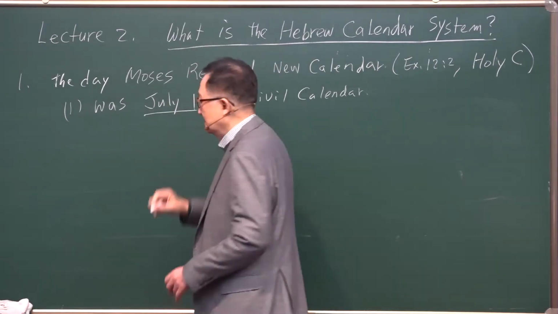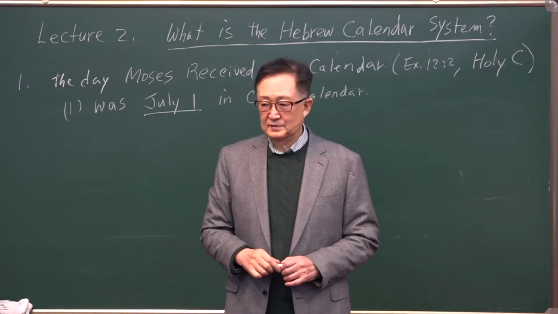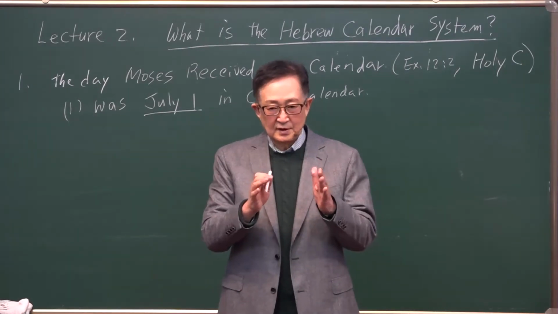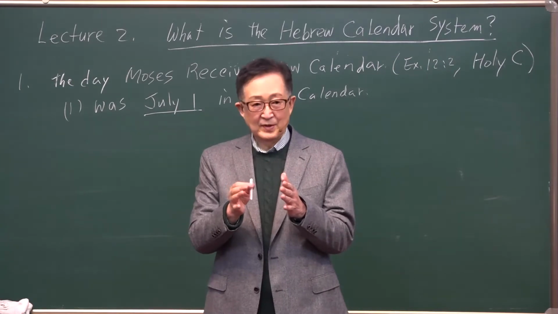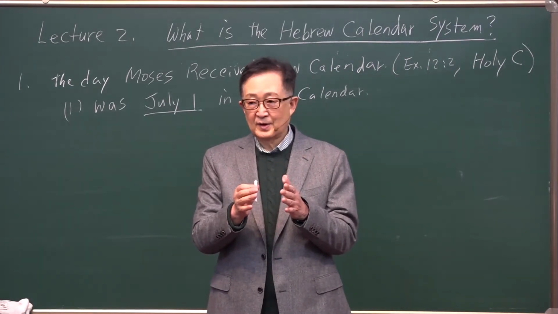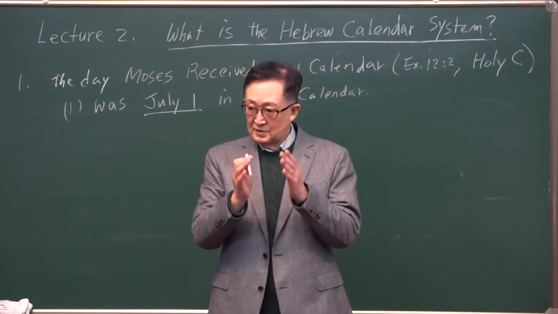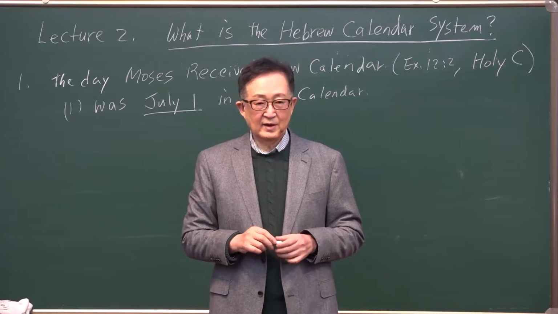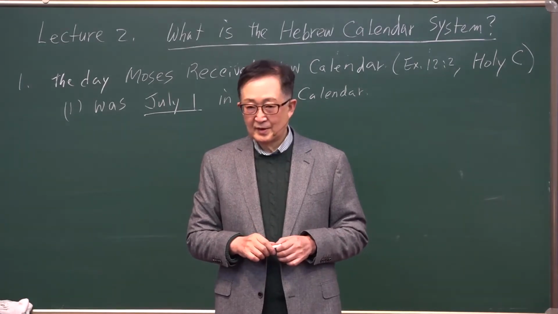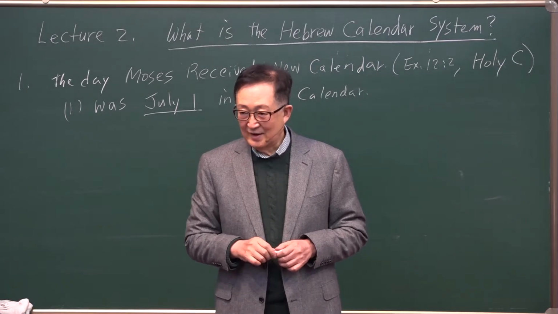In other words, Moses, today is July 1st. Okay? Now then you create a new calendar. So you make July 1st January 1st. Got it?